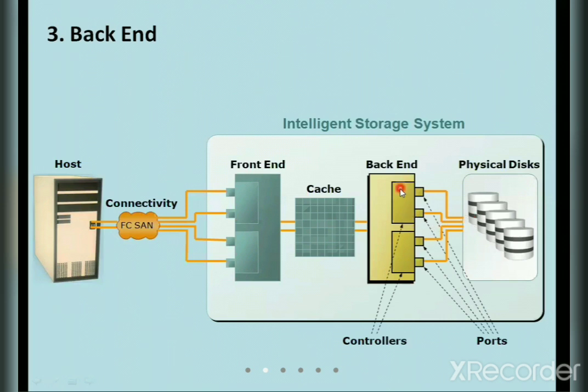These controllers help especially whenever operations take place with the cache, transferring the data to the ports. From these ports, the data has to be moved to the disk, and in the same way in the reverse manner also. So please remember, these controllers have to be written in such a way that they perform the operations at a very fast rate.